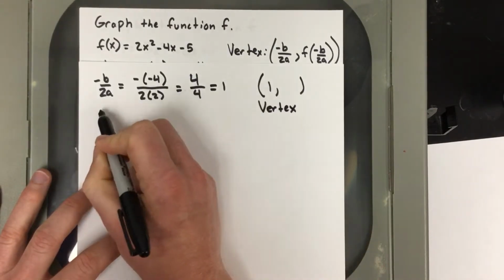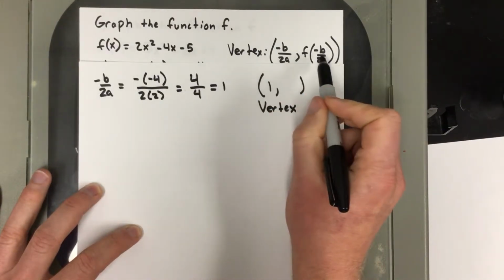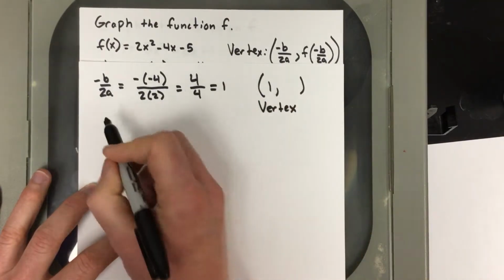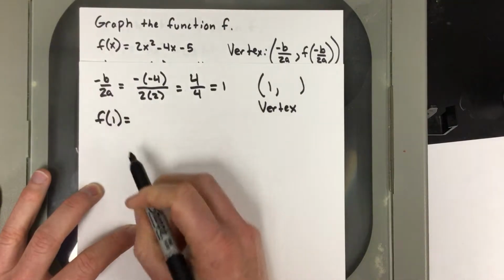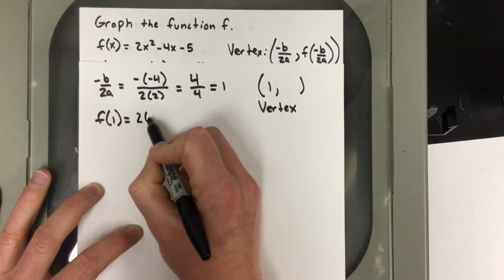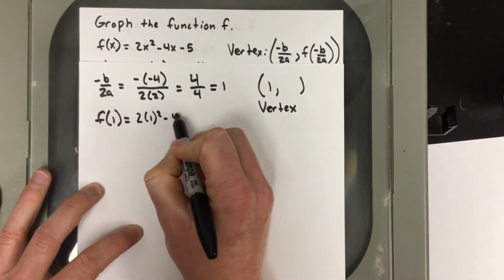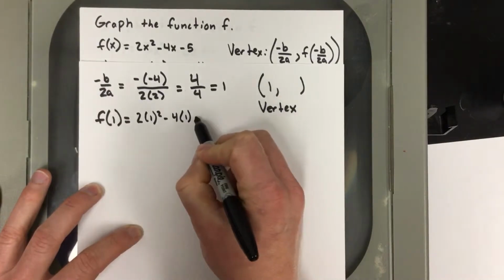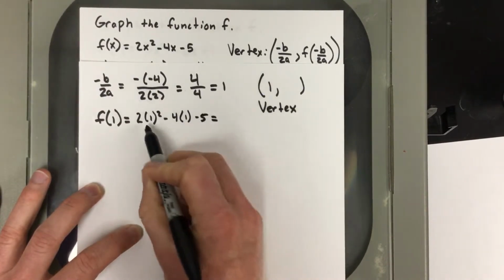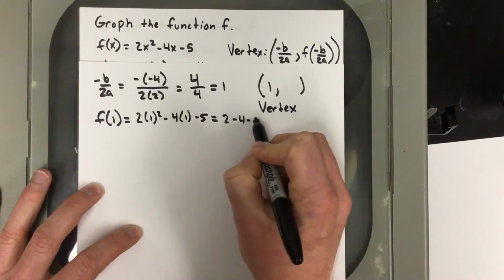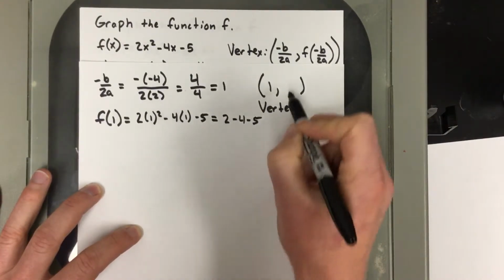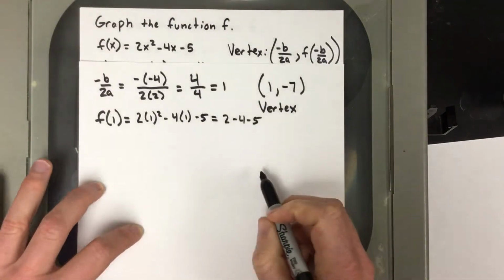Now I'm going to evaluate the function because it tells us to take whatever we got for the first part and plug it into the function. So we're going to say f of 1 equals 2 times 1 squared minus 4 times 1 minus 5. This is going to give 2 minus 4 minus 5, which will give negative 7. So our vertex is 1, negative 7.